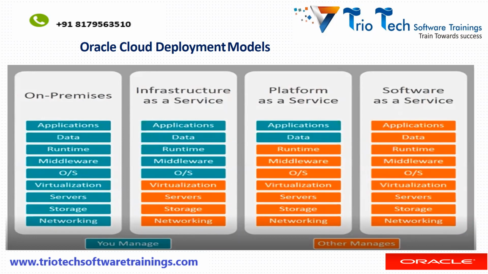That means applications, the data, runtime, middleware, operating system, the server maintenance, storage capacity, and the networking, everything will be maintained by the service provider, which in this case is Oracle. So it will be maintenance free, and we need not worry. In the long run, the advantage of SaaS is that the cost will come down.